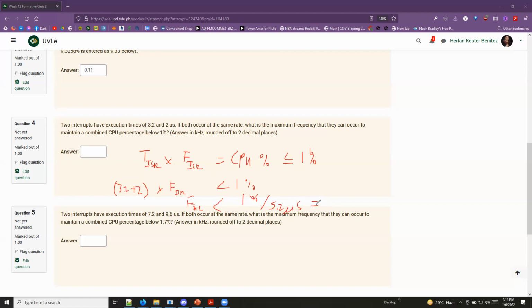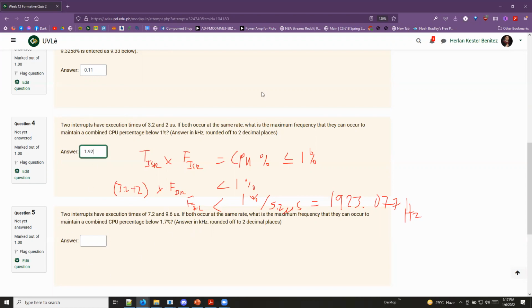So that gives us 0.01 over 5.2 times 10 to the negative 6, which is 1923.077 hertz. In kilohertz, that is 1.9.